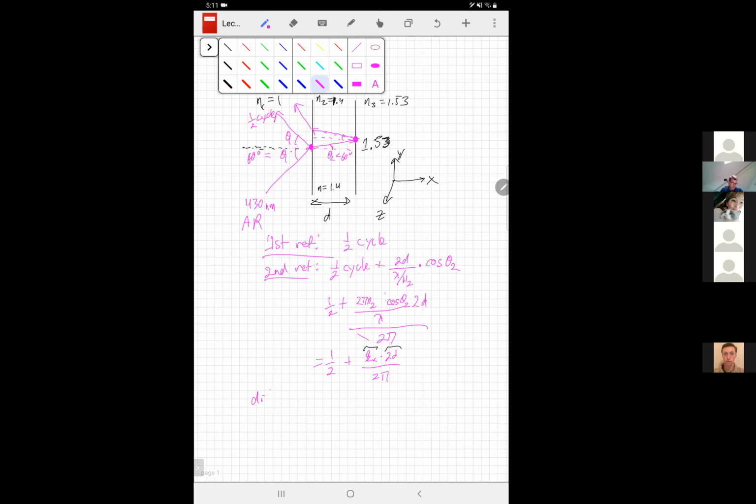Well, let's see here. The difference should be equal to just kx times 2d over 2 pi, which equals 2n2d cosine theta 2 over lambda. And if we want an anti-reflection coating, what do we want that to be equal to? The m plus 1/2.